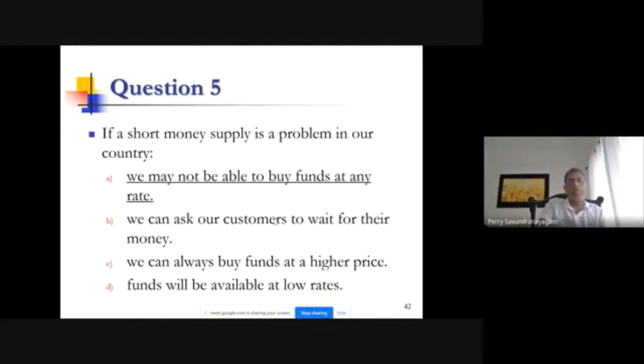When you say short money supply, in this case, it means that you have a shortage of liquidity in the market. When there's a shortage of liquidity, it means that only a few people have the funds. So, for example, if you take 26 banks in Sri Lanka, and there is a shortage of liquidity because money in circulation is less, there could be a few banks who have the funds.